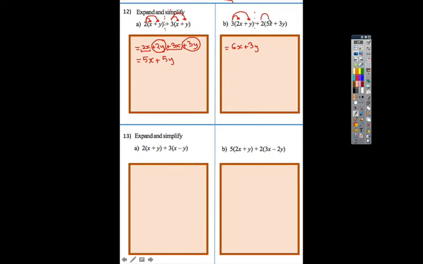And then 2 times 5x is equal to plus 10x. And 2 times 3y is equal to plus 6y. And 6x plus 10x is equal to 16x. And we've got the y families now, which is plus 3y plus 6y, which is equal to plus 9y.